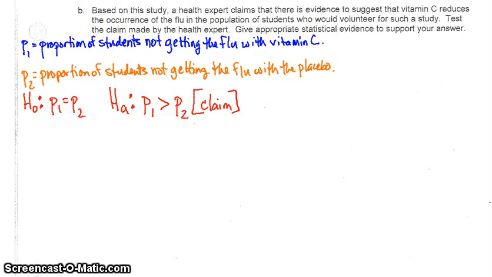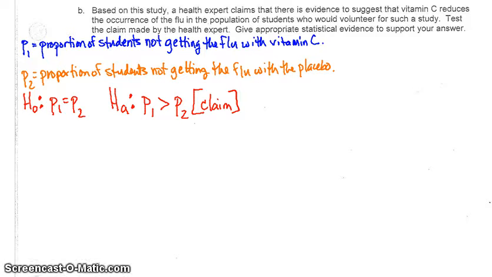All right, so for my first proportion, I said that's the proportion of students not getting the flu with vitamin C. My second proportion is the proportion of students not getting the flu with the placebo. Our null hypothesis is there's no difference in the proportions. Our alternative is that P1 is greater than P2, which is proportion with vitamin C is going to be higher than the proportion taking the placebo as far as preventing people from getting the flu.